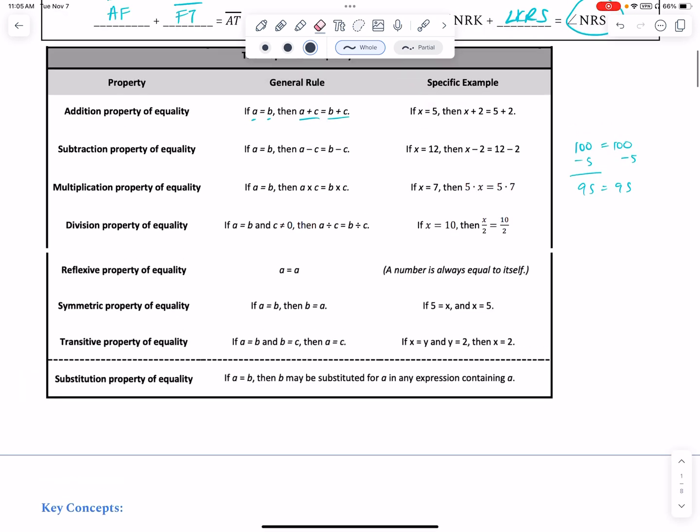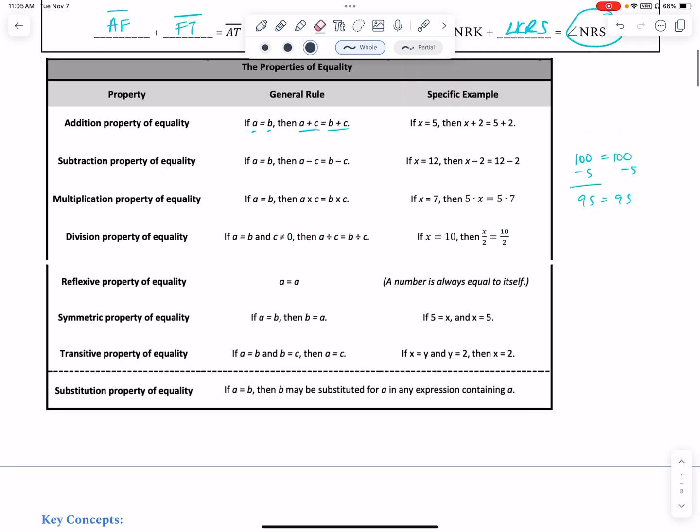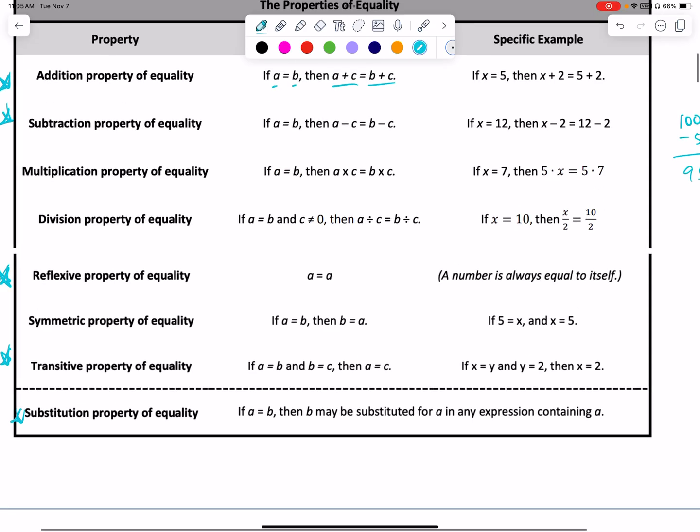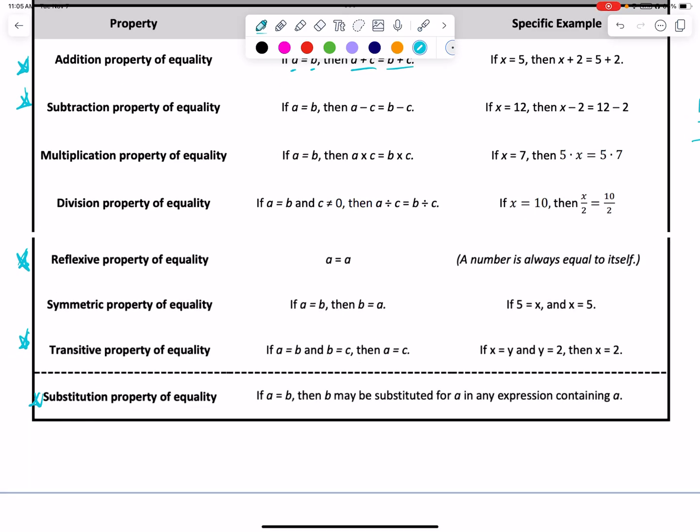Transitive property. Now, if you're in 10th grade, you might have learned syllogisms in ELA, and please star transitive and substitution, addition and subtraction, and reflexive. Those are the 5 properties we're going to use today.